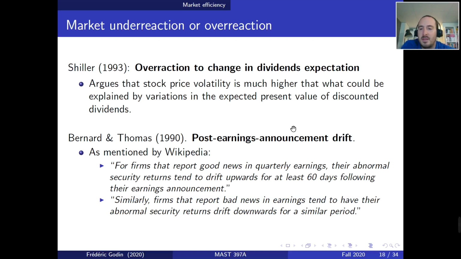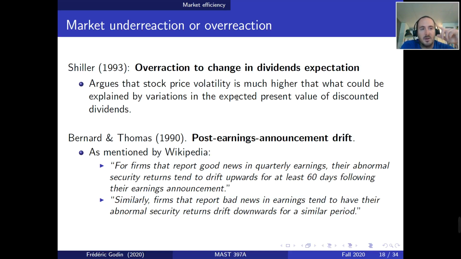In this paper, the author argues that the stock price volatility is much higher than what it should be if investors were rational, and it cannot be explained by the variation in the expected present value of discounted dividends. As we said, the fundamental value of a stock should be the present value of all its cash flows, which are dividends.